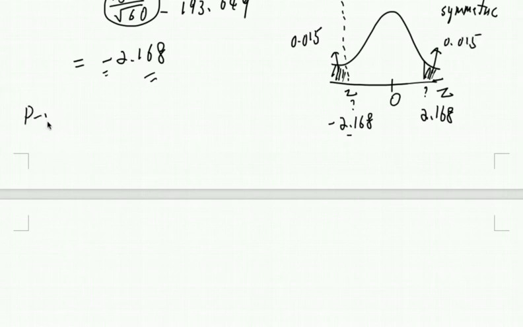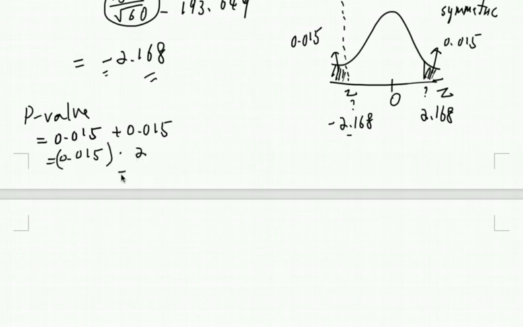So your p-value is the sum of the two tail probabilities. So 0.015 multiplied by 2, and you get the p-value of 0.03. This is basically 3%. So this is your p-value.